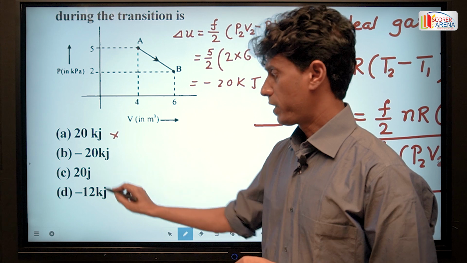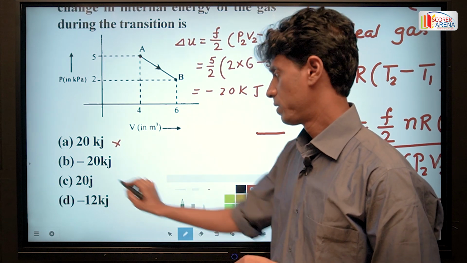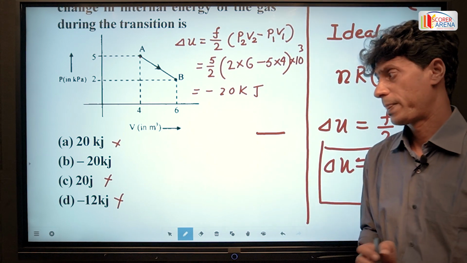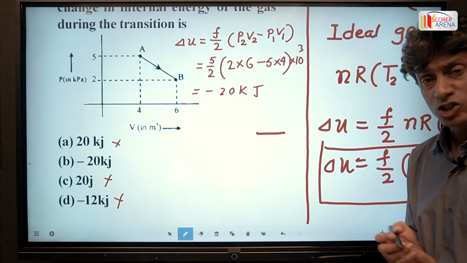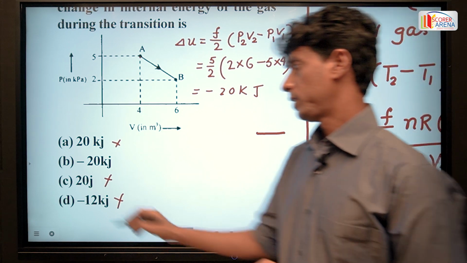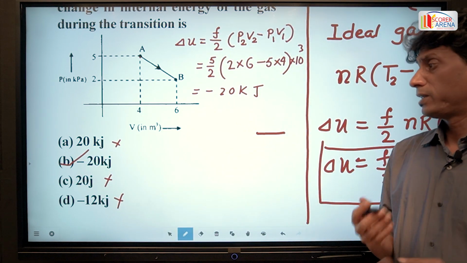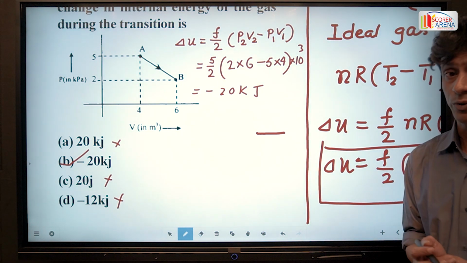C is also not the correct answer. D is also not the correct answer. So here the option minus 20 kilojoule, that is option B, is the correct option. Let us see the next problem of this video session.